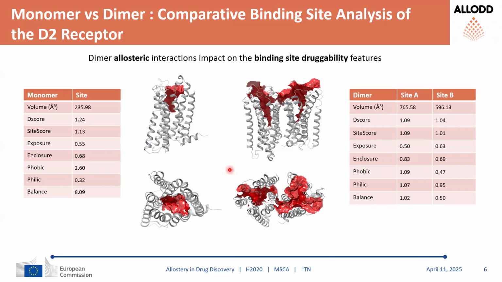Of course, there were many differences, most of them very volatile, depending on the frame you select. However, something that stays always consistent is a very big increase in volume. The binding site seems to increase when you switch from monomer to dimer, and it elongates in the upper, but also in the lower part of the orthosteric binding site.